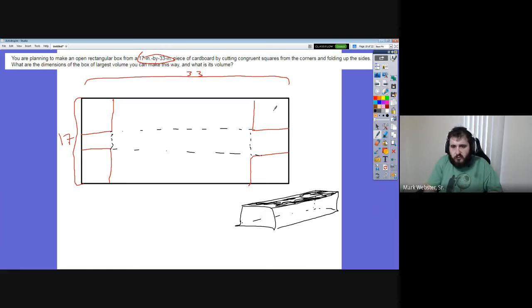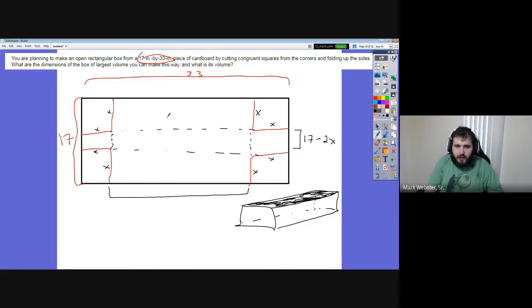So first things first, these are all square corners, so we don't know what they are, so we're going to call all of them x. And then you're going to need this quantity and this quantity. Well, we know that the whole thing is 17 and we're subtracting 2 x's, so this is 17 minus 2x.